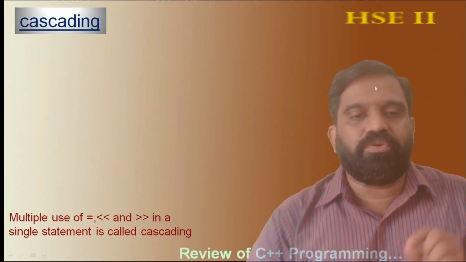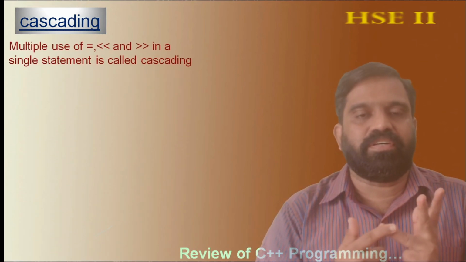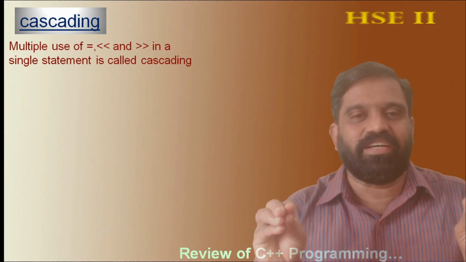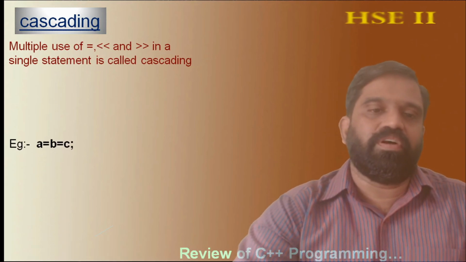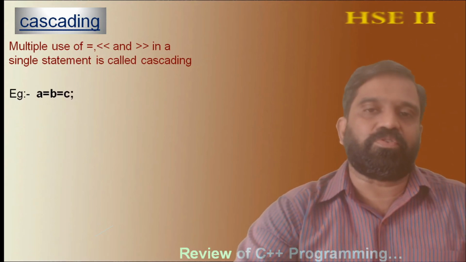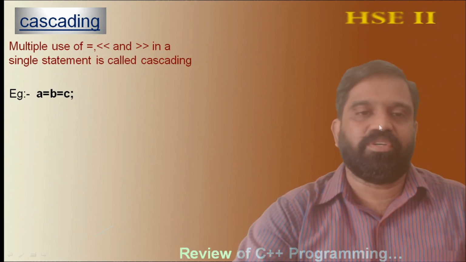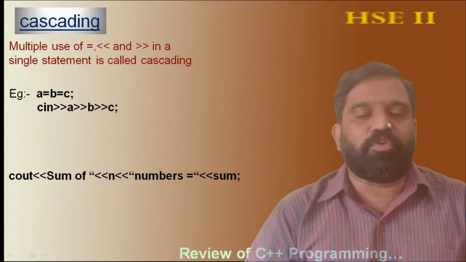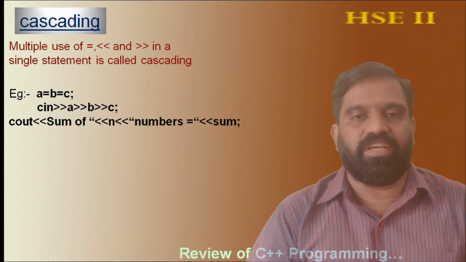Multiple use of the assignment operator, input operator and output operator in a single statement is called cascading. Example, A is equal to B is equal to C. We are using the assignment operator repeatedly in a single statement. So that is one example. Another, cin input operator A, input operator B, input operator C, and semicolon.